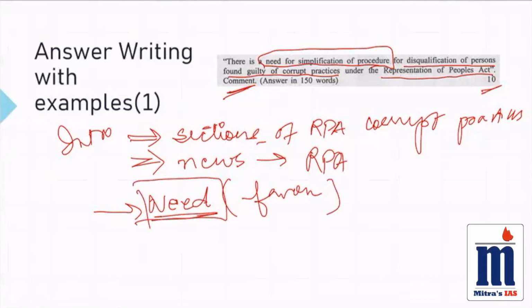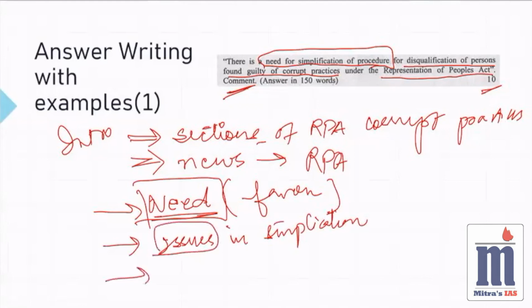So if everyone knows there is need, why are they not able to do it? So you'll write that there are some issues in simplification. Now I'll make a third heading also: what can be done, how to resolve.